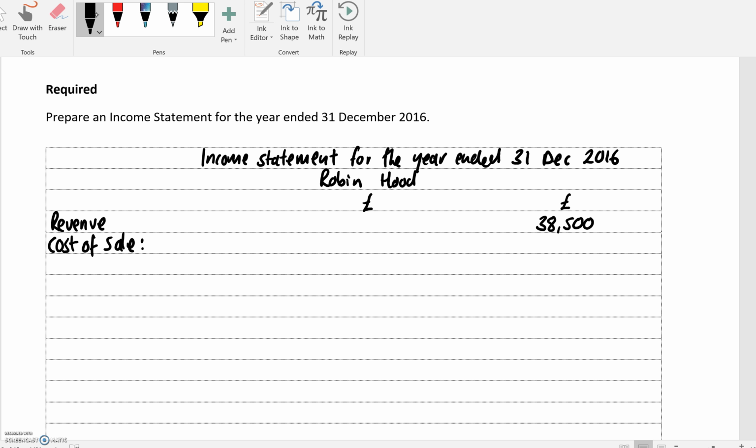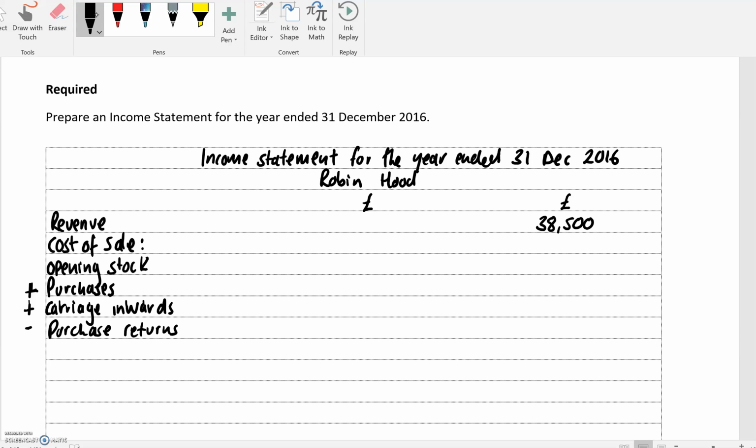Now the cost of sales is calculated by doing opening stock plus purchases plus any carriage inwards that we may have, and we would minus any purchase returns, and we'd also minus any closing stock.